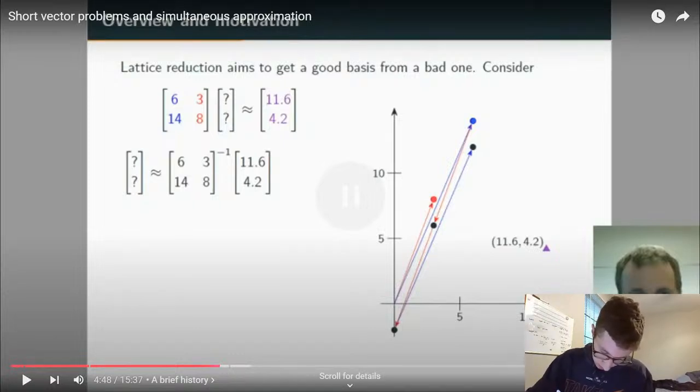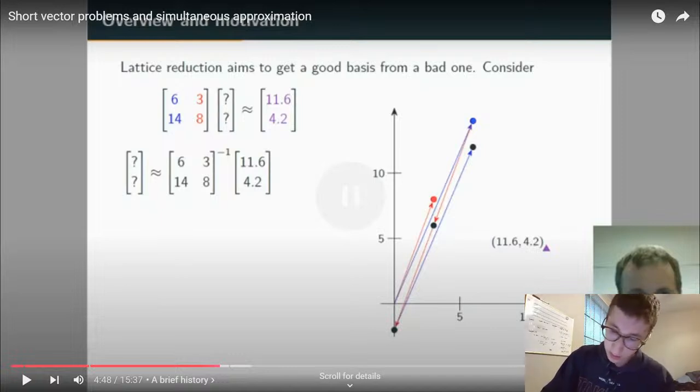So 6, 14 is up here. And then 3, 8 is right there. So I guess we can kind of draw this. He chooses to draw this out with two different lines that stem from the origin.